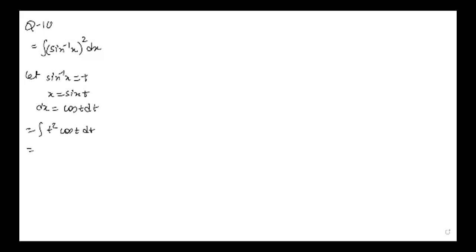According to the priority, the algebraic term will have higher priority than the trigonometric term, right? So this will be your u and this will be your v. So u integration v minus derivative of u integration v, and lastly e.